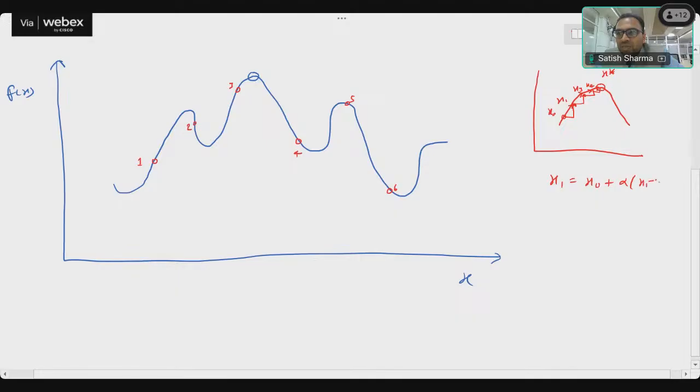Let's say 2 points were already created, and then I will add them up, and whatever the difference, the deviation will further increase the x values. So x naught, x1, x2 will be like this. The 2 points have been created, and we can come up with another x2, x3, and x4. This gives the direction of whether we are moving away. If this value is positive, it means the new value is better than the previous value.